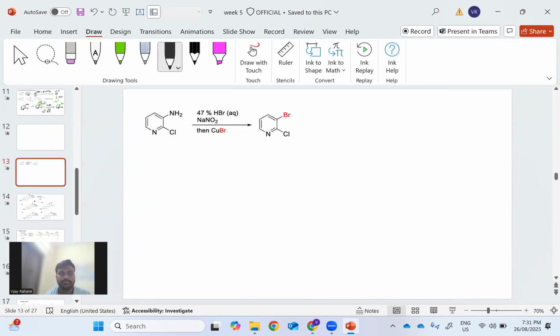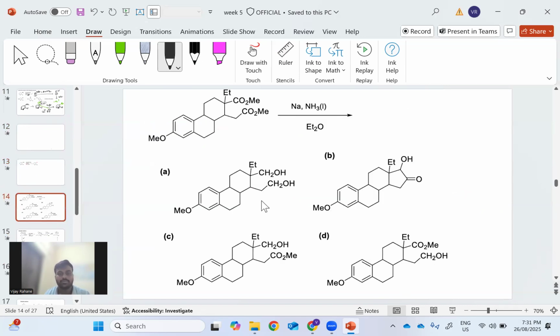Any doubt in this step? All right, if you don't have any doubt, I will move to the next question, which is again on a similar sort of Birch reduction reaction.